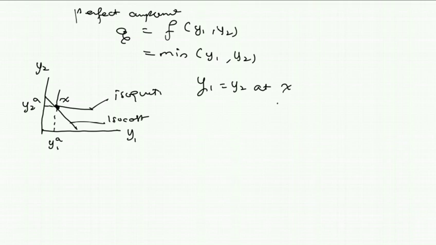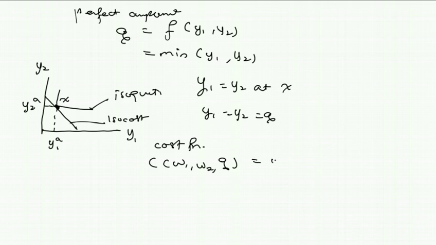All right, now we have the constraint. That is the output function. So y1 equals y2 must be equal to q also. Here we have the cost function. C is a function of w1, w2, and also q.